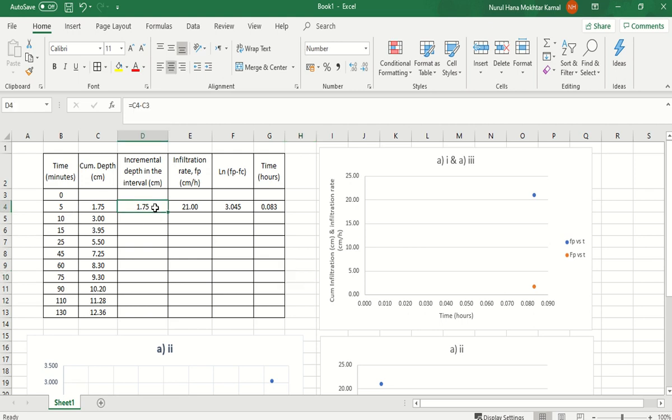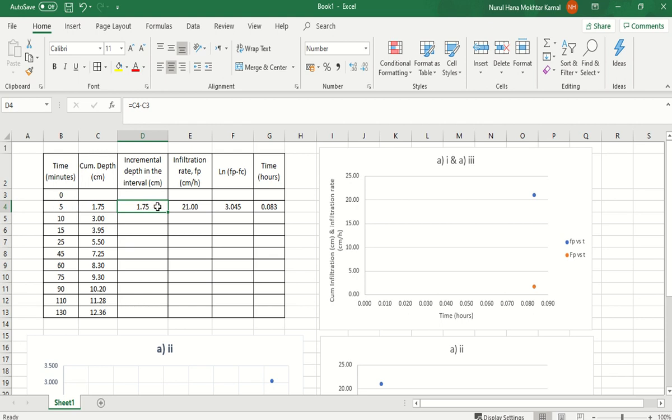The first thing is, because this is the first reading, just imagine when you pour the water into the infiltrometer, it will decrease by time and you will get this value. But then you need to get each incremental depth between the time interval.